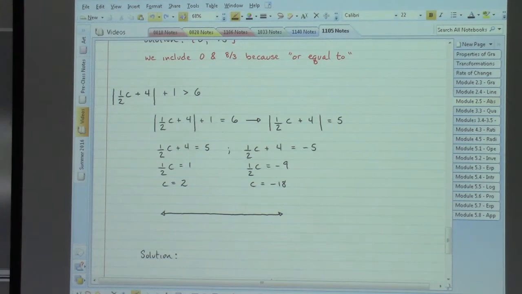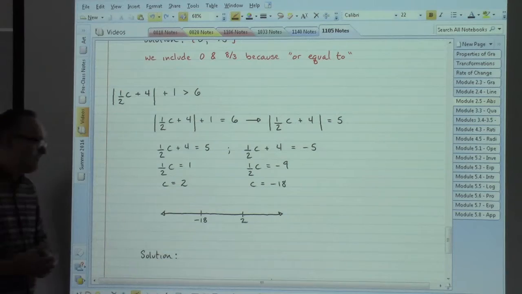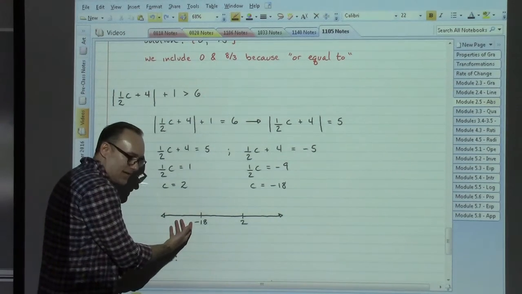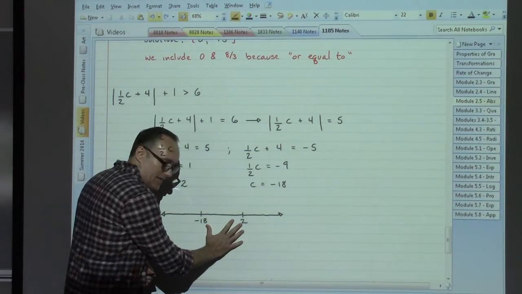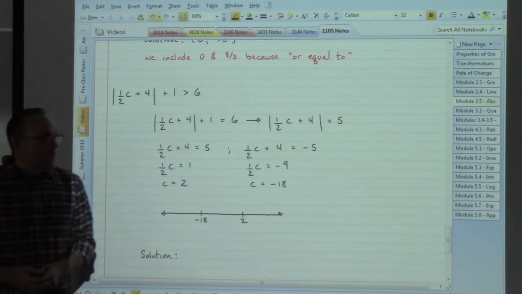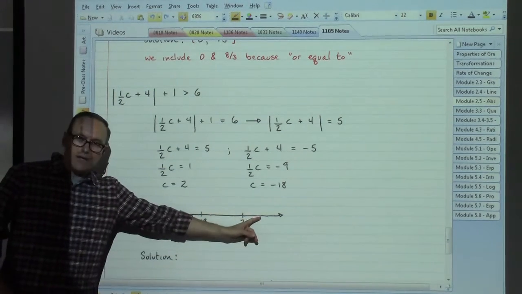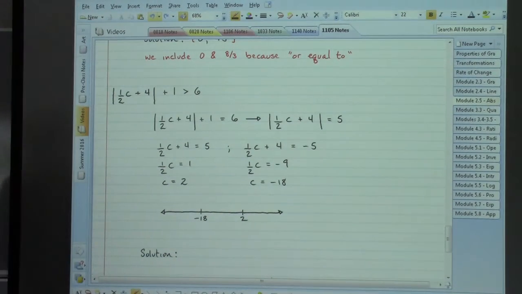And once again, that is break things up into 3 sections, 3 segments. To the left of the negative 18, in between the negative 18 and the positive 2, to the right of the positive 2. So we're going to pick a number from each of those segments, and we're going to test those out.